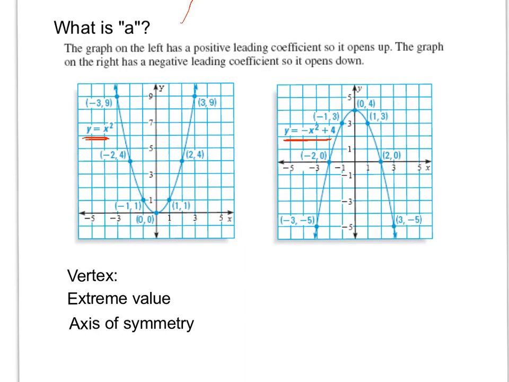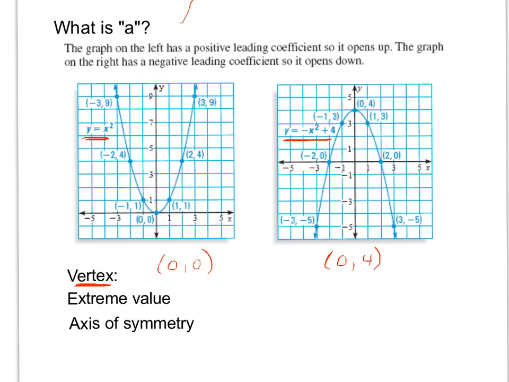Now, one term, the vertex, that's the point where the parabola turns around, whether it opens up or down. So the vertex on the first diagram here is 0, 0. The vertex on the second one is 0, 4, the turnaround point. The extreme value is considered to be the highest or lowest value.